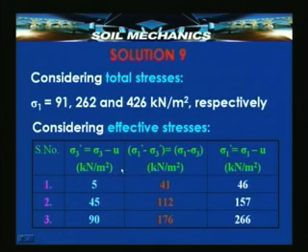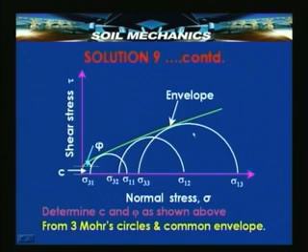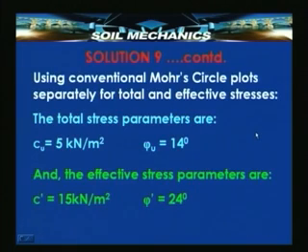Here we have the pore pressure calculation and the effective stress calculation. Then we plot a Mohr circle with the above values of effective stresses, and we get the values of Cu and phi u or C dash and phi dash depending upon whether we plot total stress diagram or effective stress diagram.